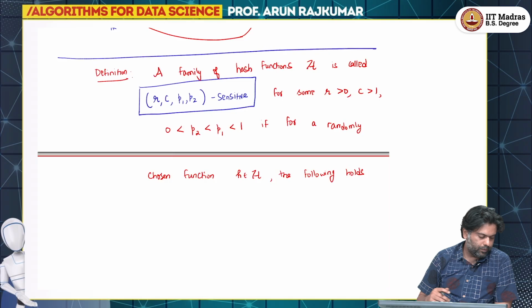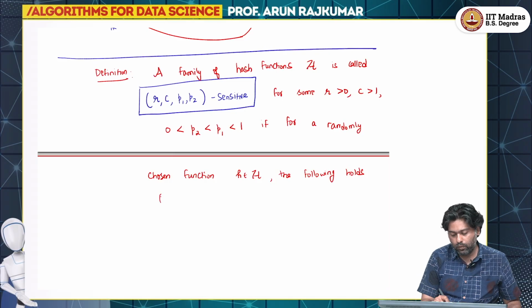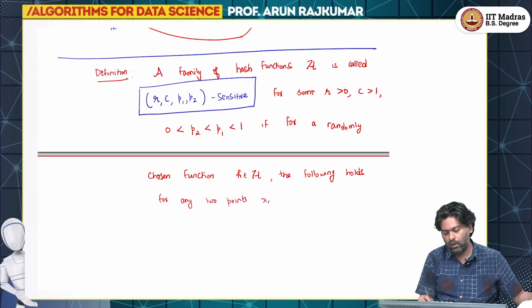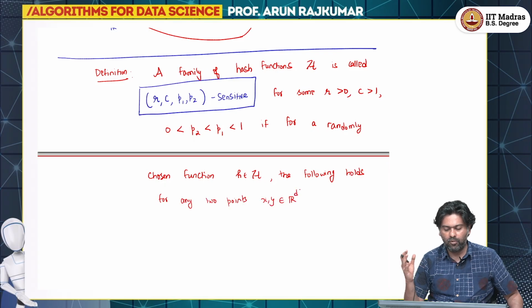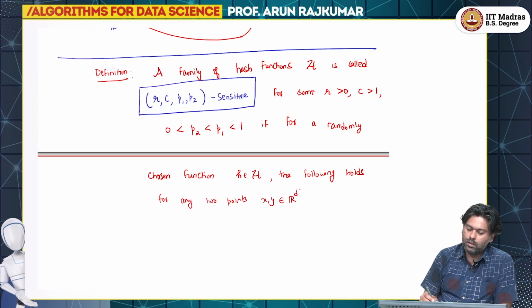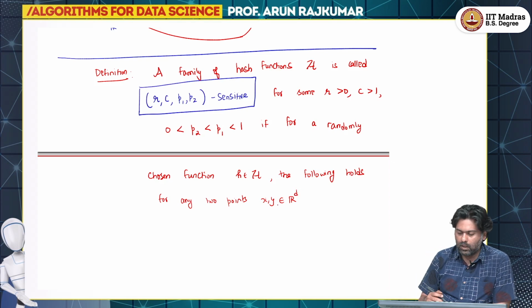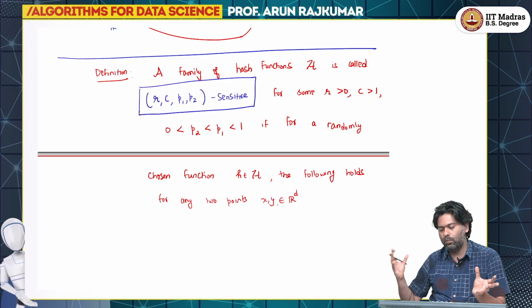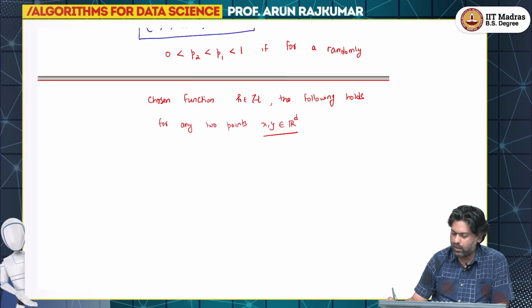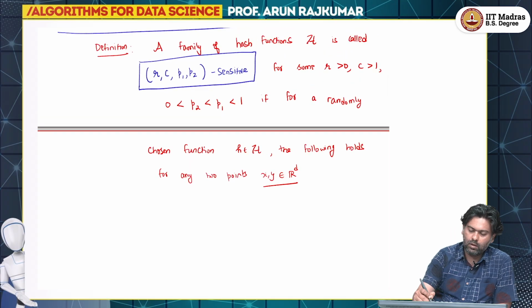For any 2 points x, y, let us say the hash functions map from R^D to the buckets. This can be generalized to any metric space, but for now let us think of x and y as being in R^D. That's what we will use in most practical applications.